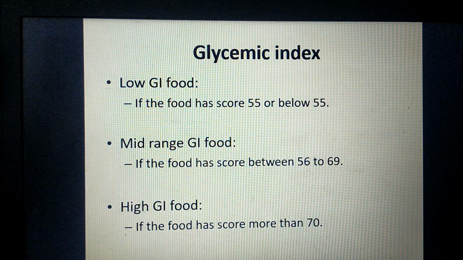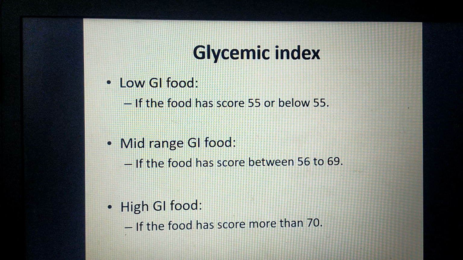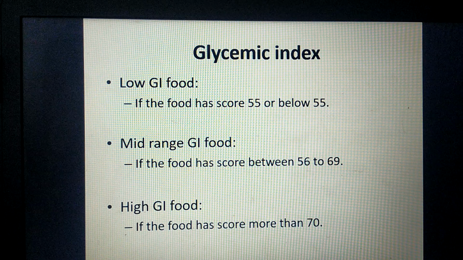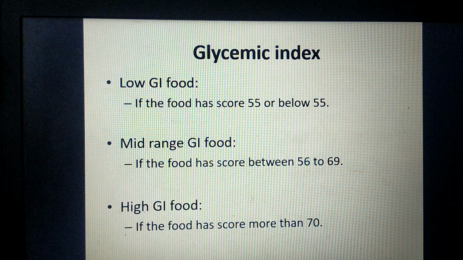If the score of our test meal or food item is between 56 and 69, it is called a mid-range glycemic index food. And if our score is above 70 for a test meal or food item, then that food item is called a food with high glycemic index.